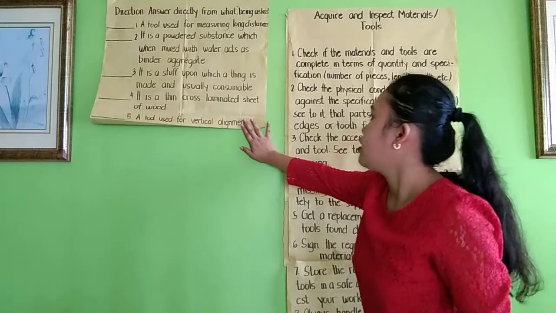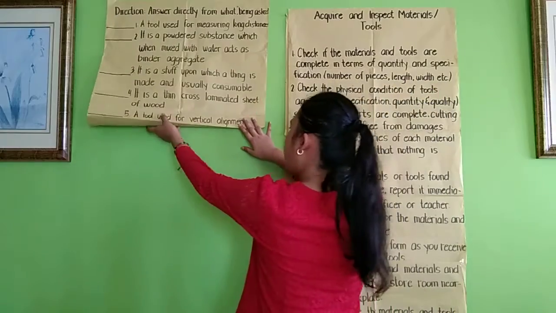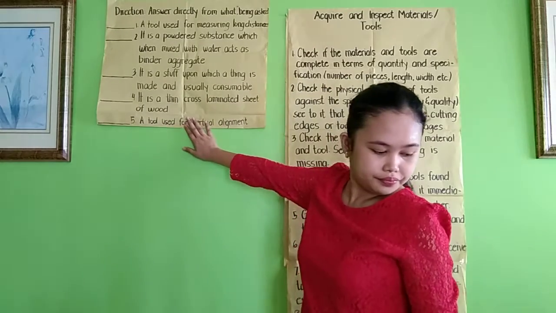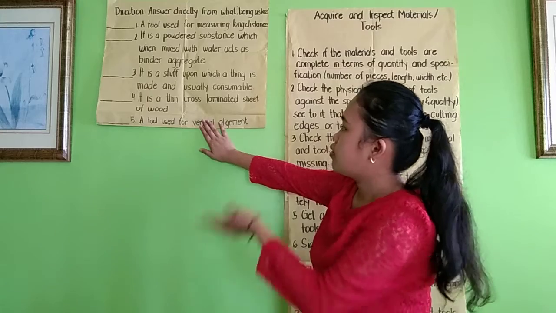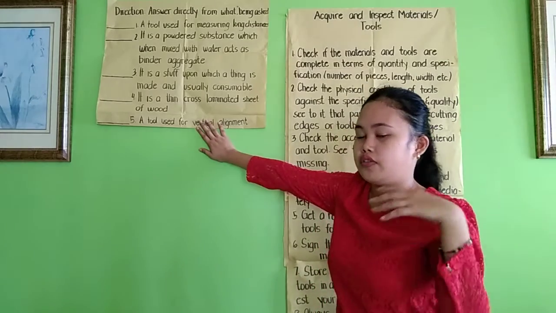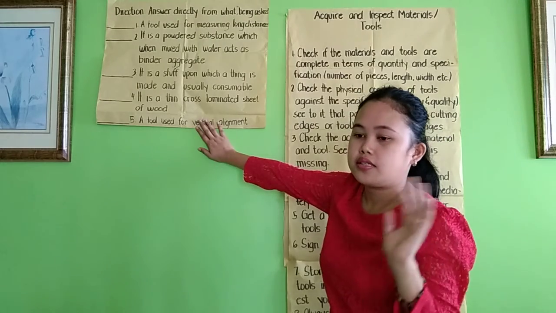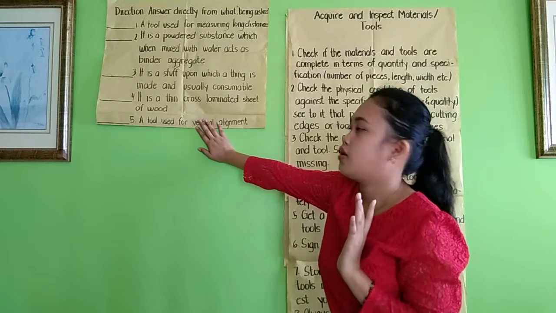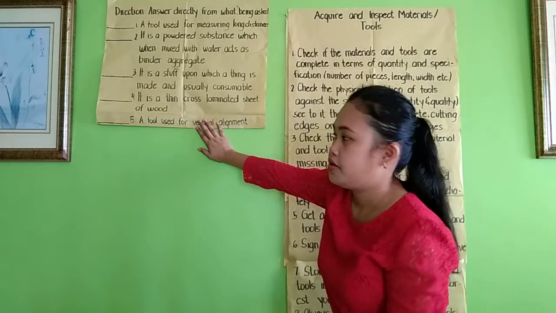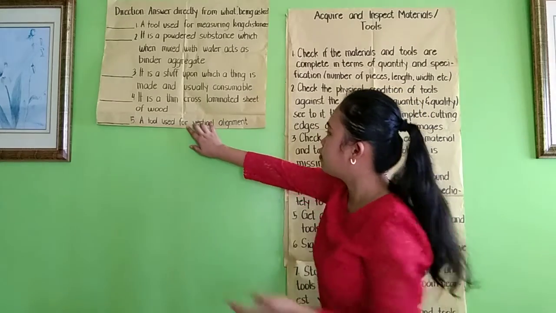So for this activity, you're going to use 1/2 crosswise. So this is only 1 to 5. So after you answer this, you have to pass your papers, and I will only give you 5 minutes to answer this question.